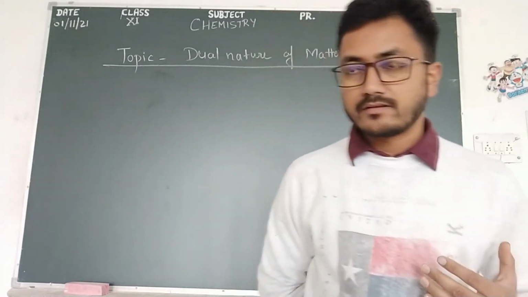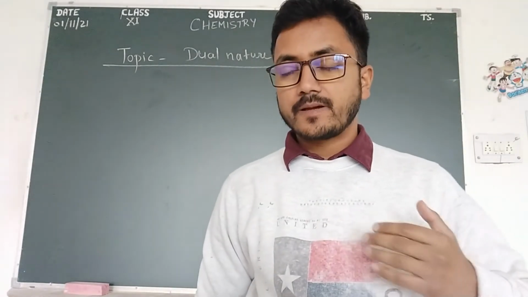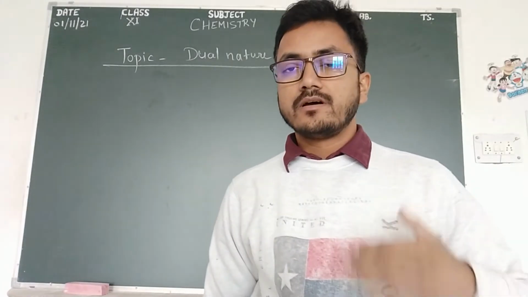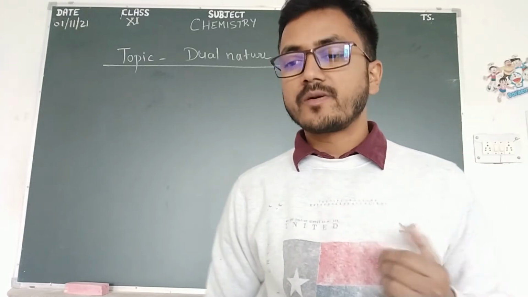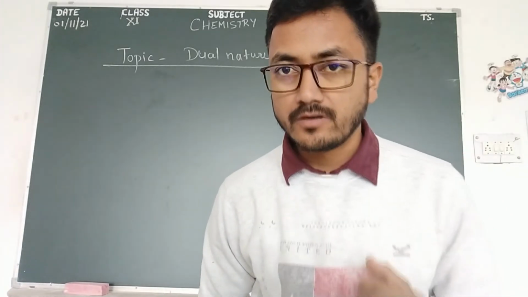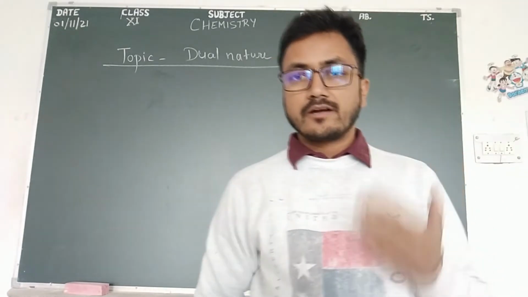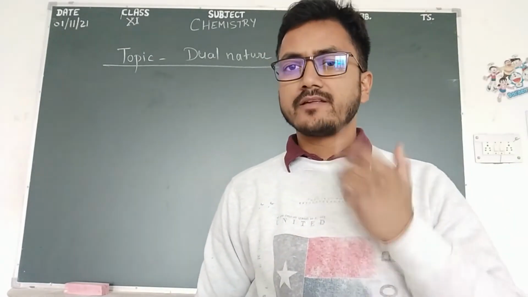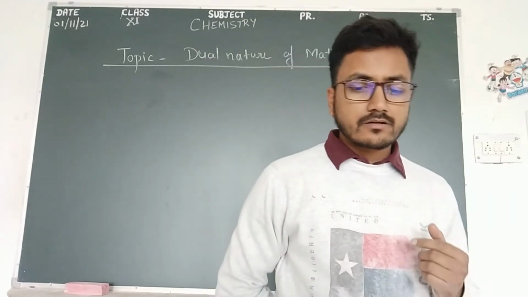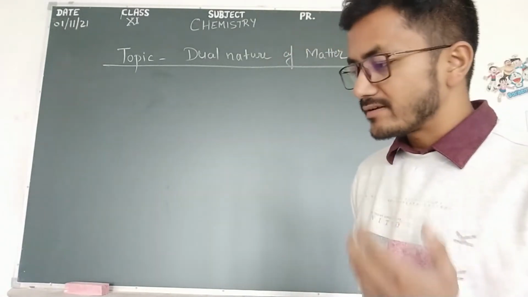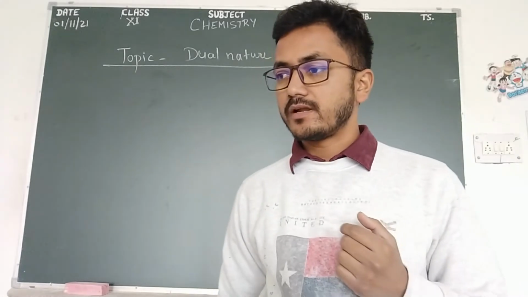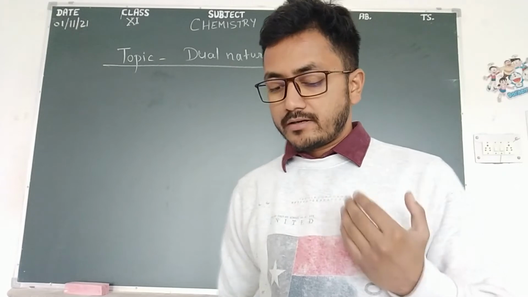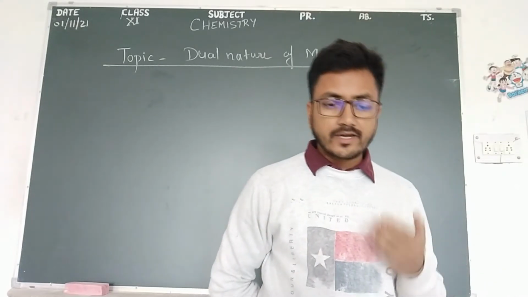In earlier theories we discussed that light has wave nature, because light shows those properties which are only shown by waves, like refraction, reflection, diffraction, interference. But later we have some other theories, like black body radiation and the photoelectric effect.